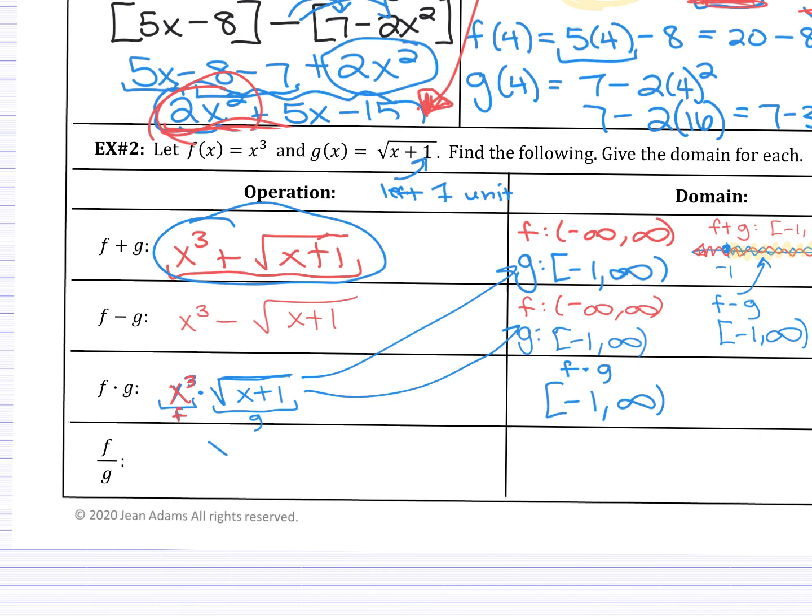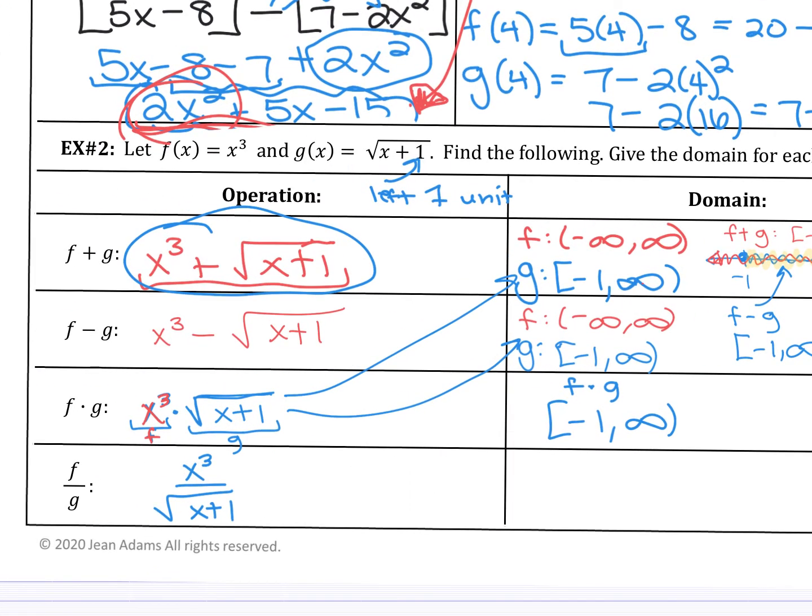For f divided by g, I get x cubed divided by square root of x plus 1. F is still -infinity to infinity. This time I'm going to do f in red here. F is still -infinity to infinity.